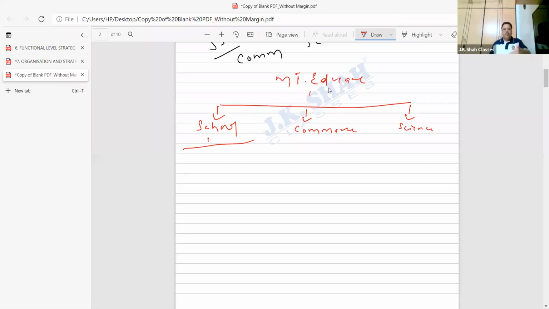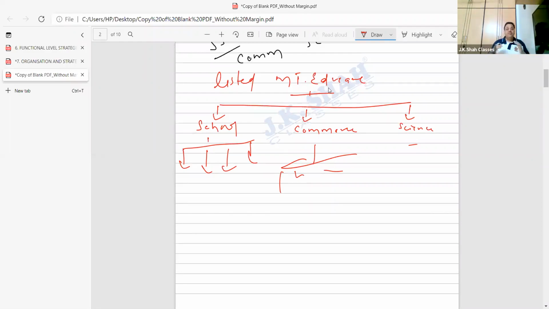From functional, we went to divisional structure. And the result is we were able to convert that small tuition class into a big coaching class. And mind you, MT Educare also got listed in the share market. If you imagine functional classification under everything, this is a divisional structure.